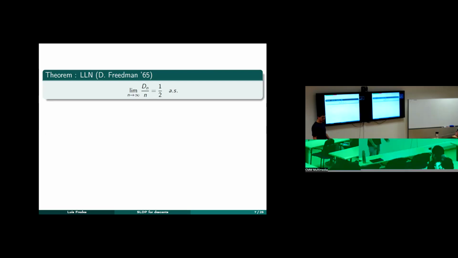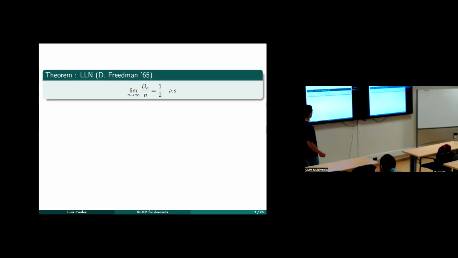So this is something that was really studied from the 60s, and there are lots of proofs of lots of theorems. And right now, the interesting part is to go to the couple. So that's the direction that I'm trying to follow. So law of large numbers, we have that dn divided by n is equal to 1/2 almost surely in the limit.